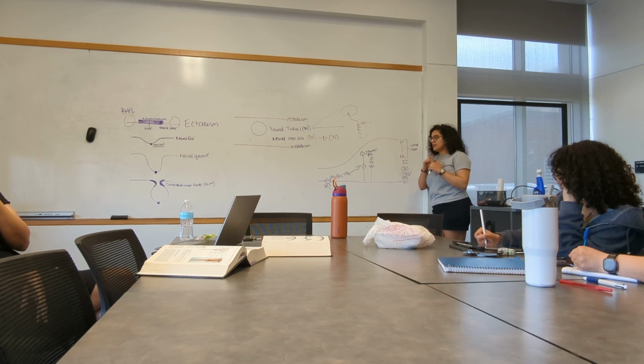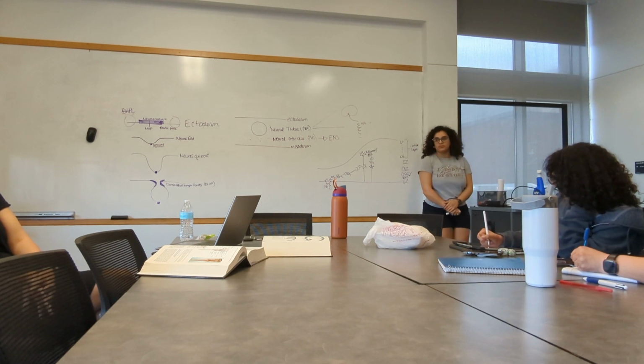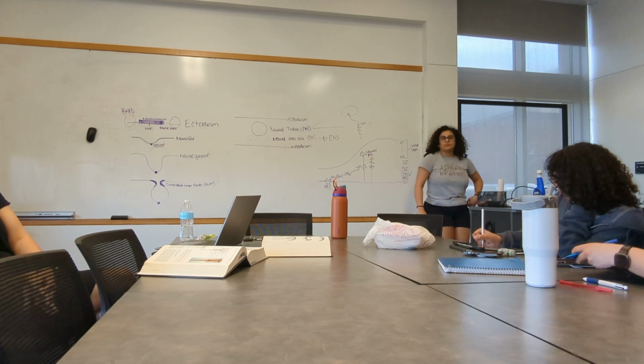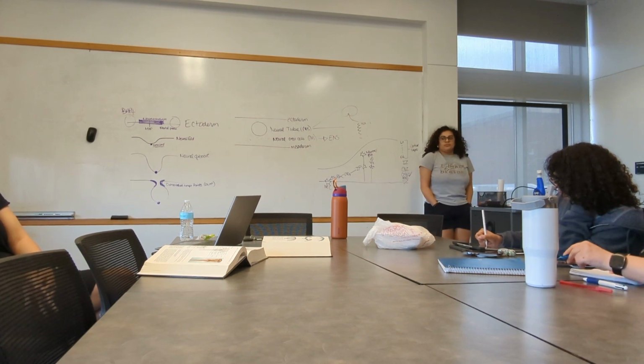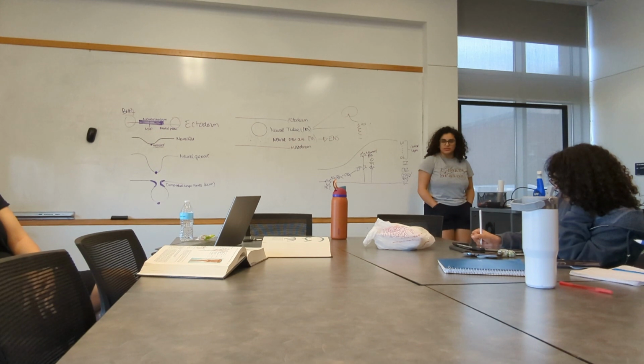Simpler question. Are there any neural stem cells in the adult brain? If so, where would they be? Is an adult brain capable of forming new neurons? Yes.